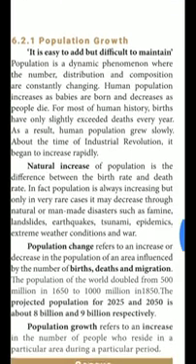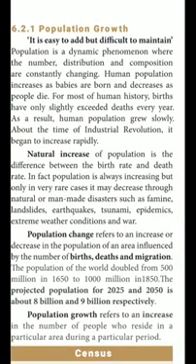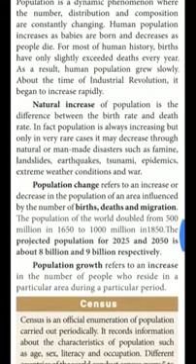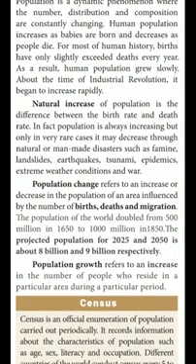Human populations increase as babies are born and decrease as people die. When many babies are born, it will increase. At the same time, when many people die, it will decrease. For most of human history, births have only slightly exceeded deaths every year. As a result, human population grew slowly, but at the time of the Industrial Revolution, it began to increase rapidly.